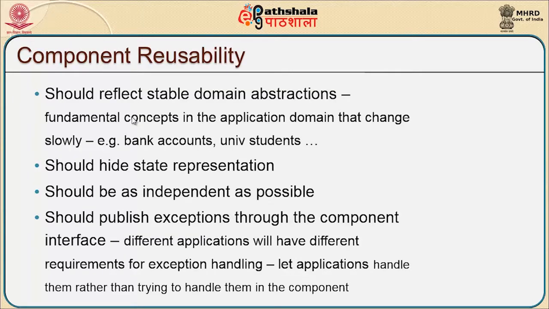If you look at component reusability, it should reflect stable domain abstractions, some of the fundamental concepts in the application domain that change slowly, for example bank accounts, students of the university, etc. It should hide state representations, be as independent as possible, and publish exceptions through the component interface. That means different applications will have different requirements for exception handling, so let applications handle them rather than trying to handle them in the component.